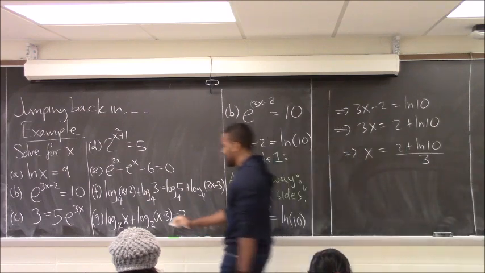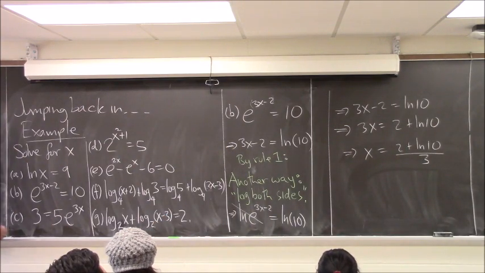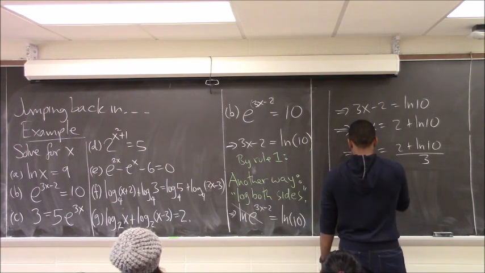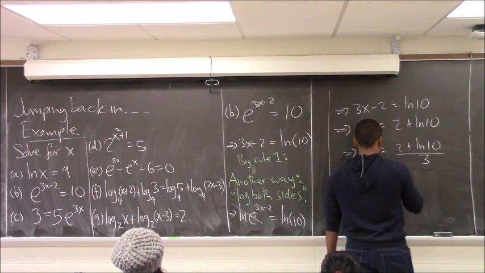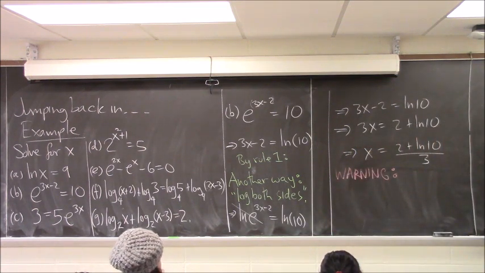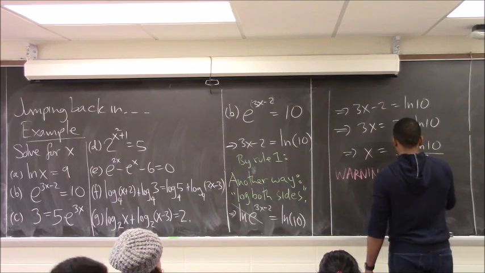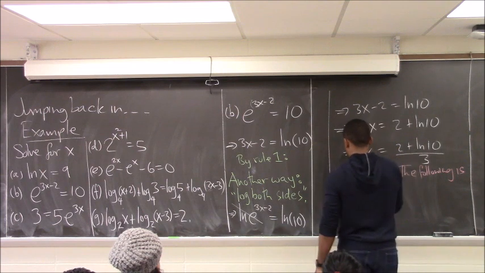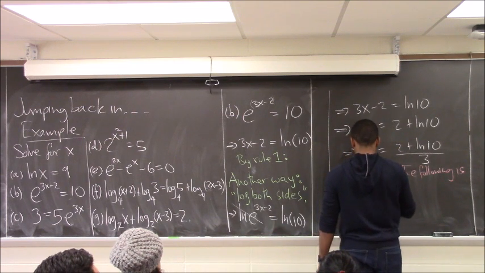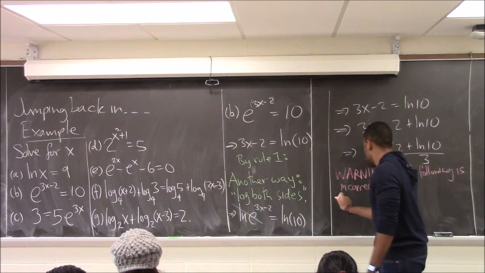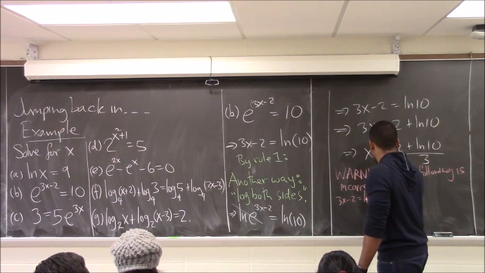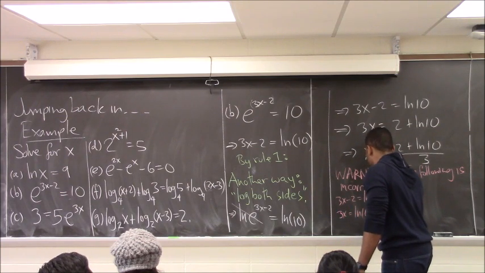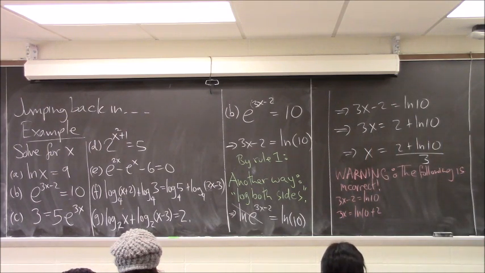Warning here. There is a potential risk for mistake that some people make here. It happens every so often, so I just want to make sure that you know that this can't happen. The following is incorrect. Sometimes you might have 3x minus 2 equals ln 10, and every now and then, we'll add the 2 to both sides, but here's what happens.